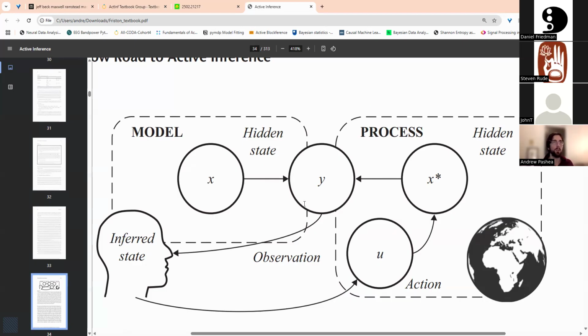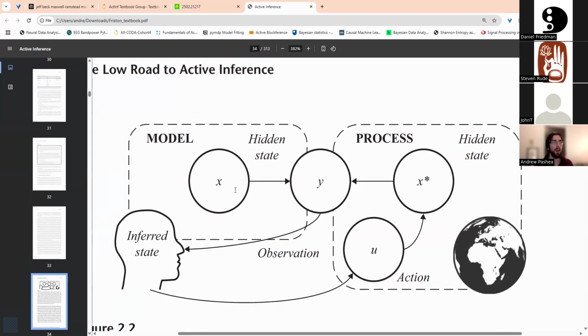Other ideas we're introduced to that are very important is that the way that the agent models the true state of the environment, it's always more or less attempting to approximate something from the environment. That said, there's no necessity that this X is equivalent to the true state.